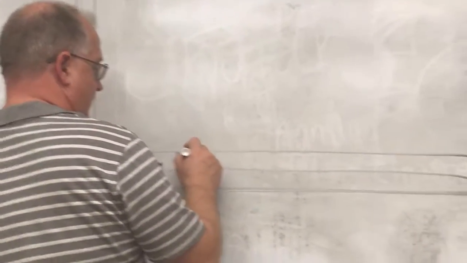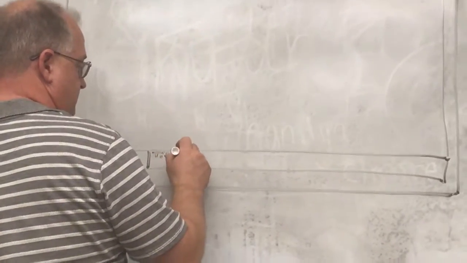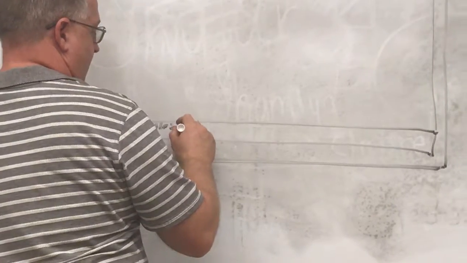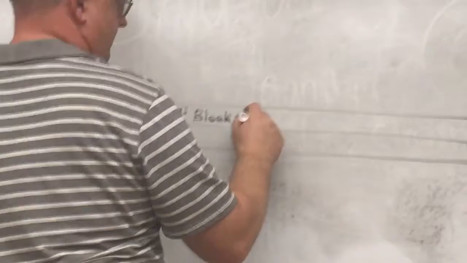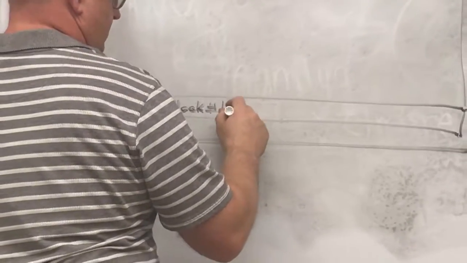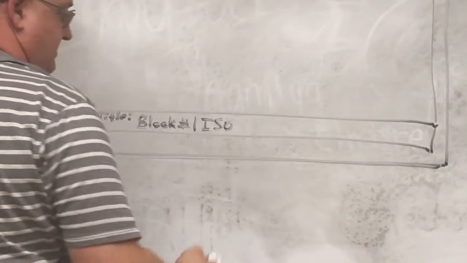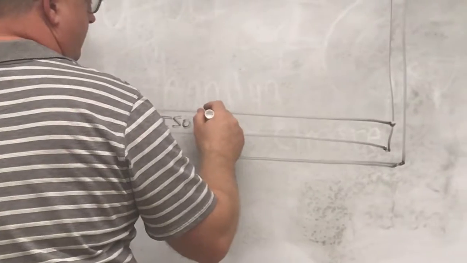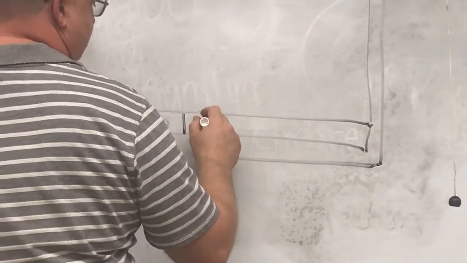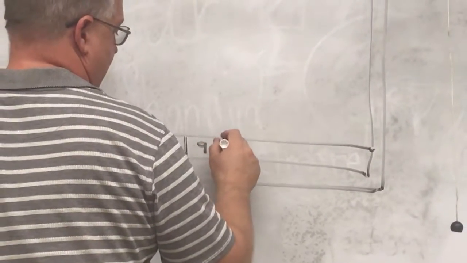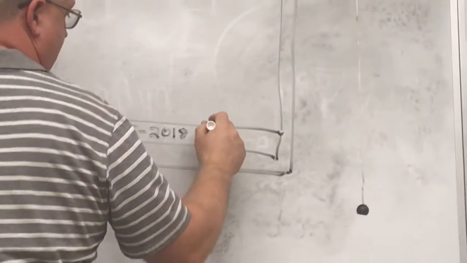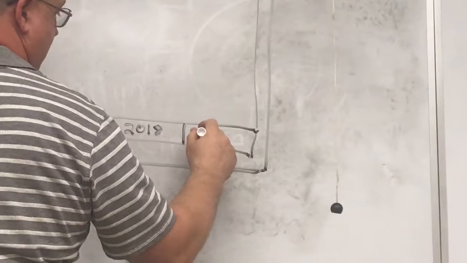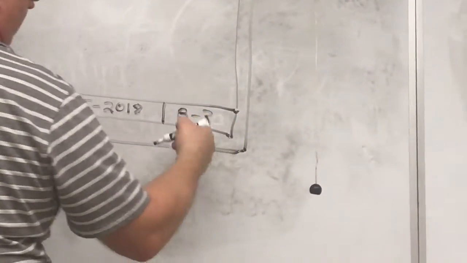Our title here is the next one, and this is block number 1, ISO. So we'll just abbreviate ISO for isometric. Today's date is 9/5/2018, and again, your class. This is class D3, put whatever class or hour you are in there.